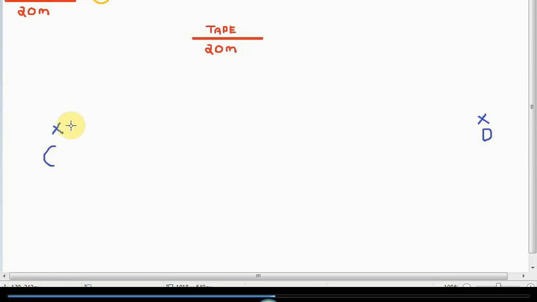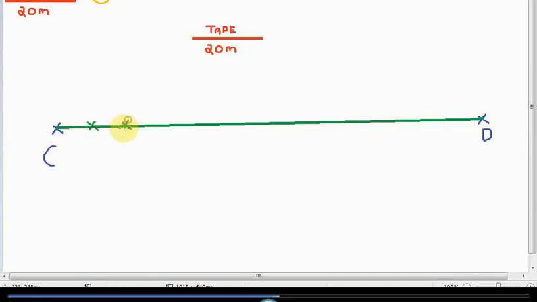So we'll establish points between C and D such that the distance between those points is less than the length of the tape, so that we can easily measure the length of CD.